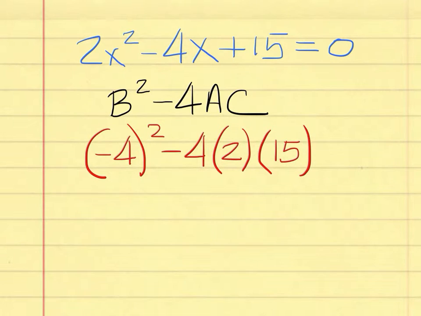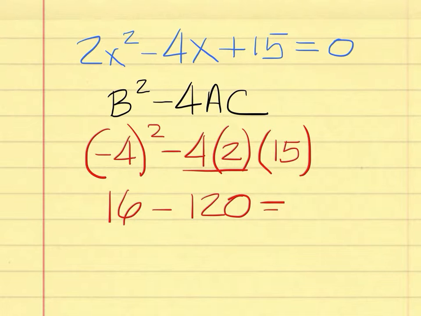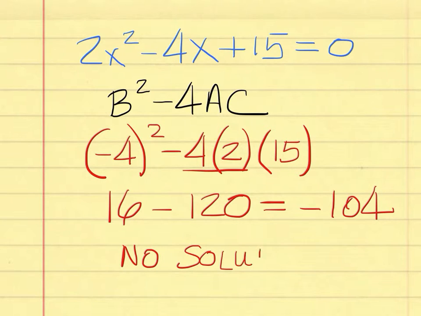The quantity squared of a negative 4 is 16. And then we have minus 4 times 2 times 15, which is 120. If you find the answer to that, you come up with a negative 104. If the answer to the discriminant is negative, how many solutions are there? 0. So there is no solution for this. No real solution.